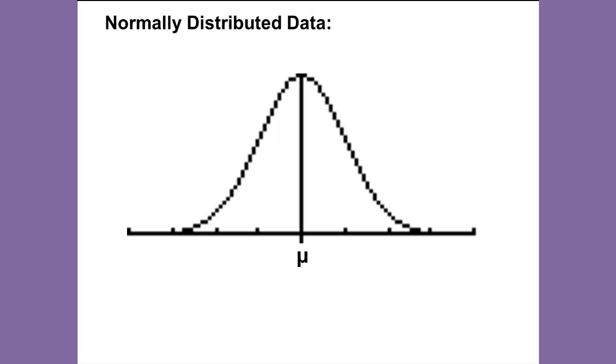So the mean always goes in the center. Then we have the first standard deviation jump, and we will make the jumps to the right first. This mark is important because it tells us about the spread of our data.